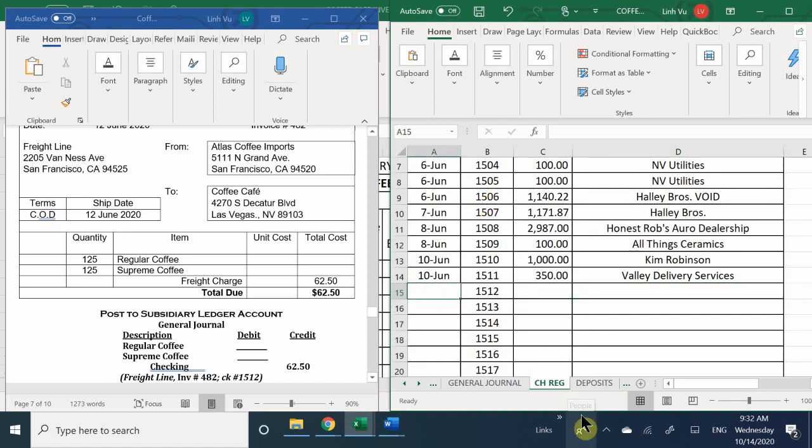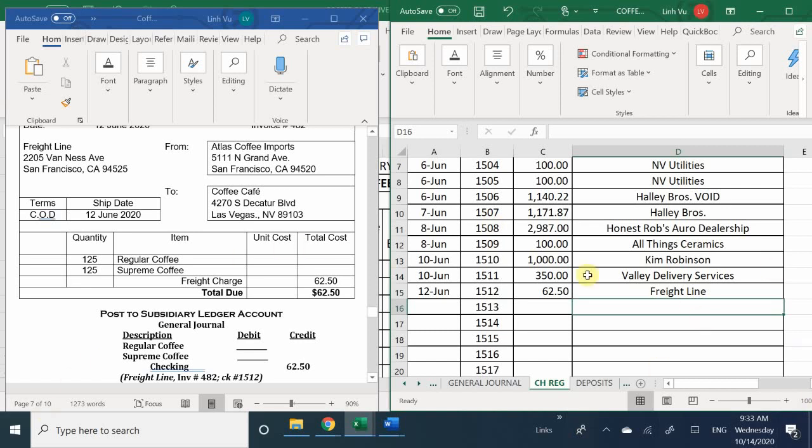Okay, let's go ahead and write that check for $62.50. Who is my vendor that I am writing this check out to? Freightline. And it's check 1512, just to make sure that our journal matches our check register. So we wrote the check out for 1512.